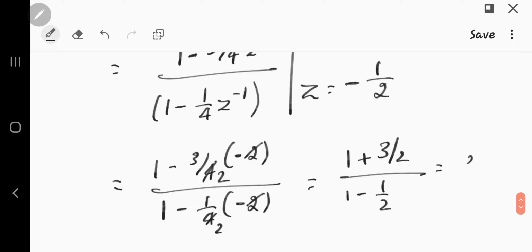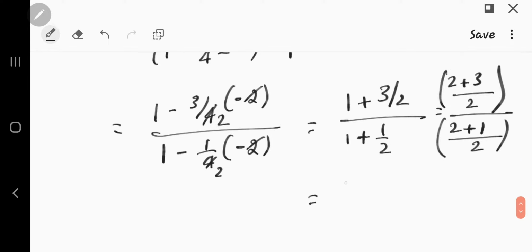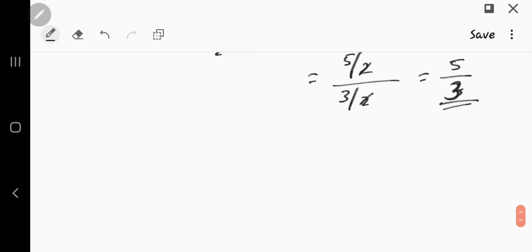If you take the LCM 2 here, this becomes 2 plus 3 divided by 2, and this also, minus into minus becomes plus, 2 minus 1 here. So we'll get 5 by 2 divided by 3 by 2, again 2s get cancelled, so we'll remain with 5 by 3. So 5 by 3 is the value of k2.